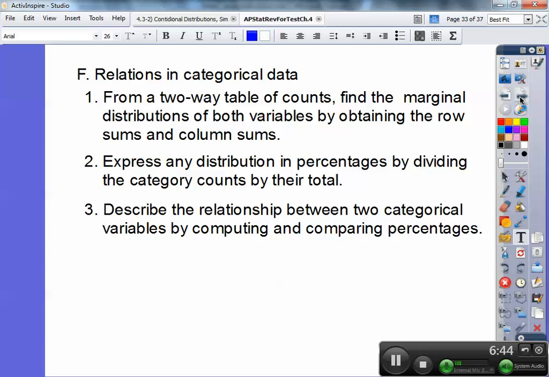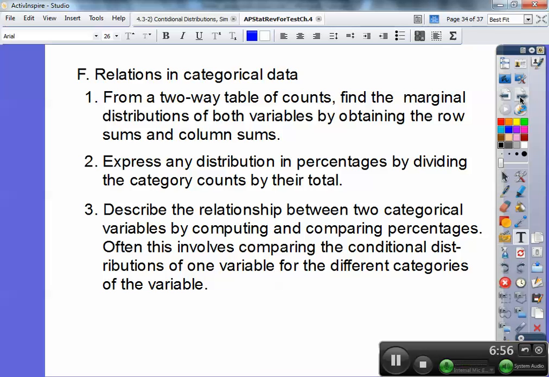Then describe the relationship between two categorical variables by computing and comparing percentages, like the bar graphs that we did. We can see the comparisons of the different percentages. Often this involves comparing the conditional distributions of one variable from the different categories of the other variable.